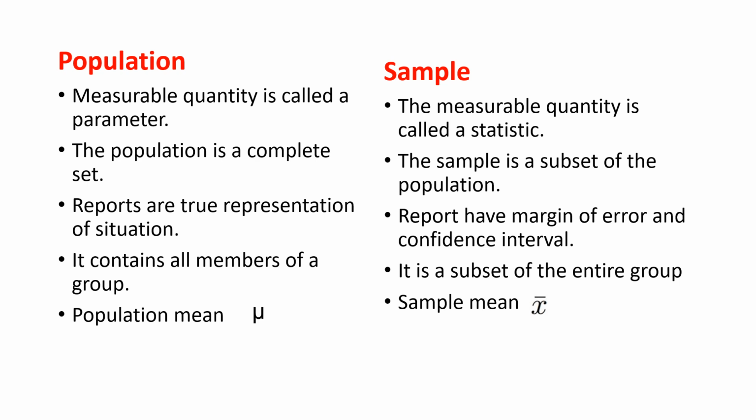Population reports a true representation of the situation, and sample reports have margin of error and confidence interval. We will be discussing these basic things, that is margin of error and confidence interval, in detail in the time to come. So it contains all members of a group in a population, but sample is a subset of the entire group. The population mean is represented by the sign mu, and sample, it is represented by x bar.